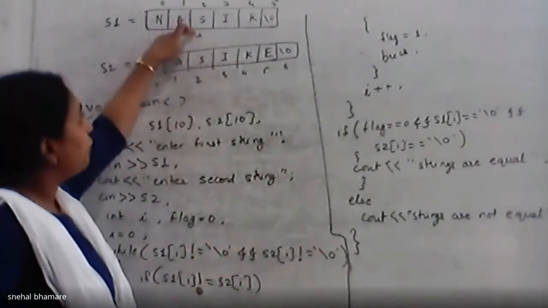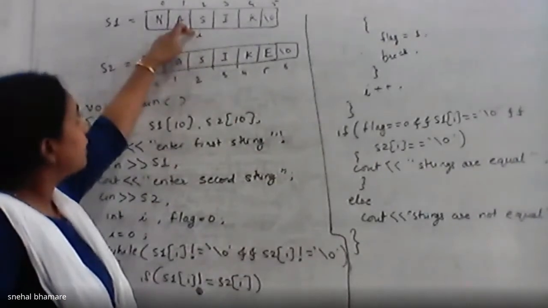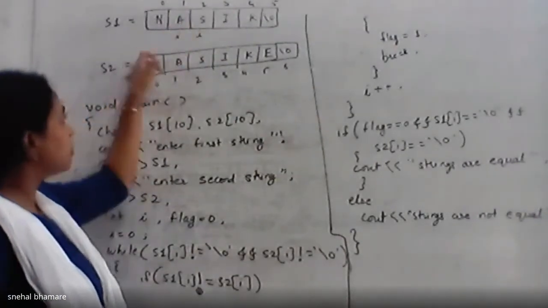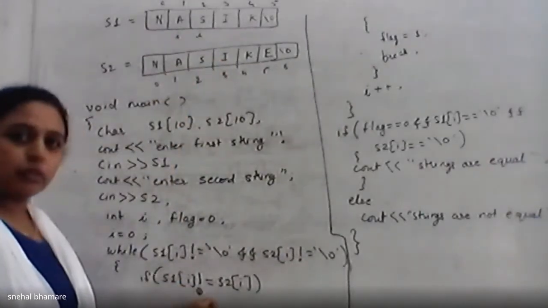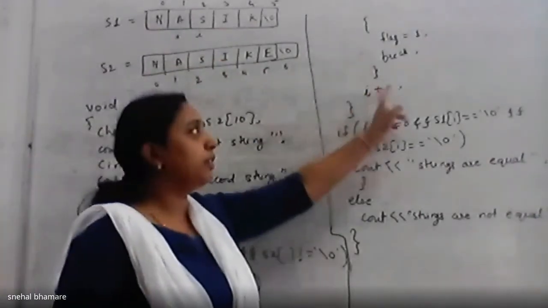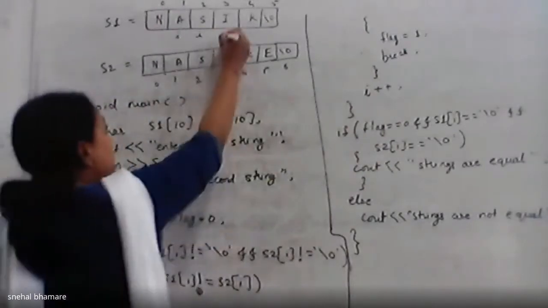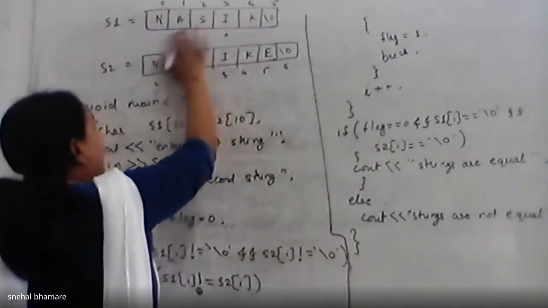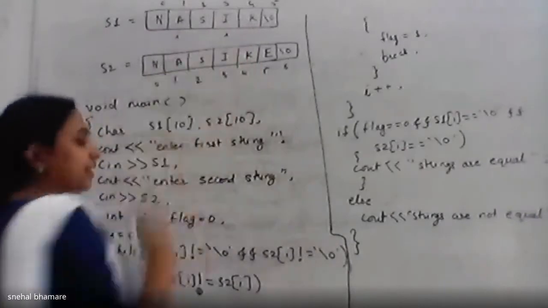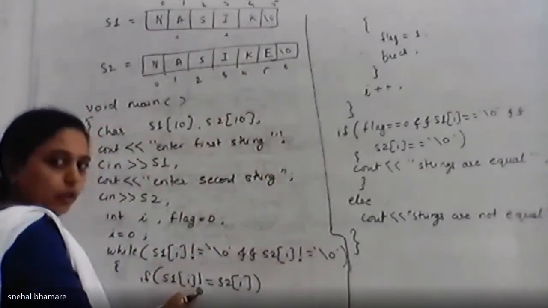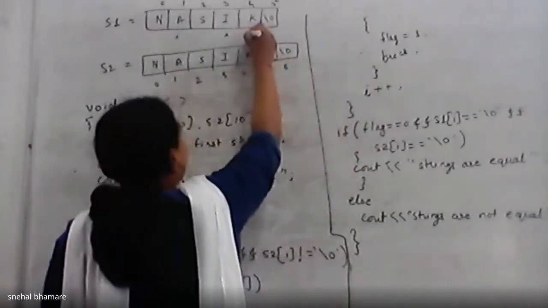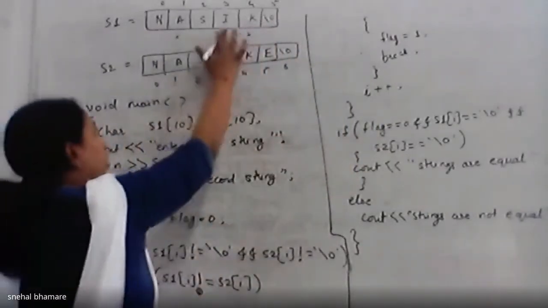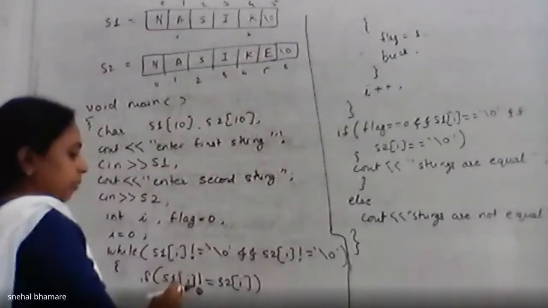S1 of 2 is S and S2 of 2 is also S. The not-equal condition becomes false, so it will not enter the if, it will just increment the i variable. So it will go to the third location. Again check the third value of both strings. It is the same value, so it will not enter the if, it will increment i. When it comes to the fourth value, again check the values of the same array.